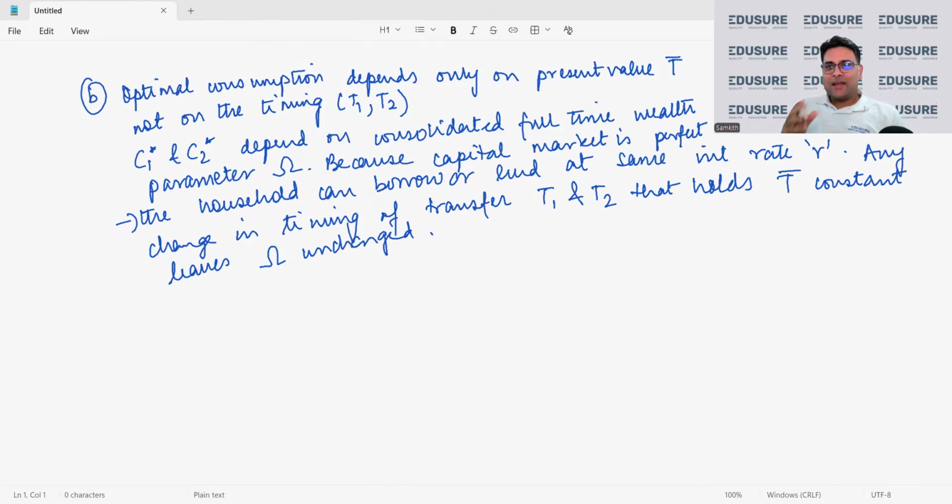So any T1 and T2 fluctuations or variation, T bar is constant. So my lifetime budget or my lifetime income, which is omega, is unchanged. If my lifetime income is unchanged, it is not going to have any effect on my consumptions.